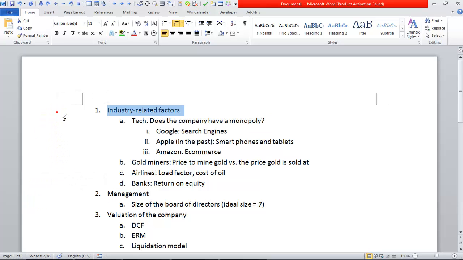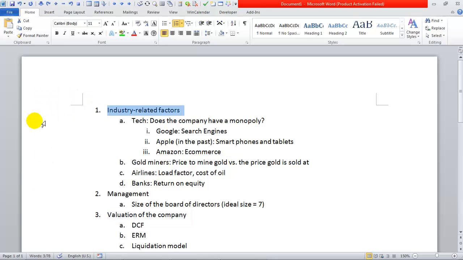And when you're doing fundamental analysis, generally you're going to hold something for a longer term because all of these things, management, industry-related factors, and the valuation, are looking at the long-term trends of the company. For example, valuation usually gives you a new valuation every year.